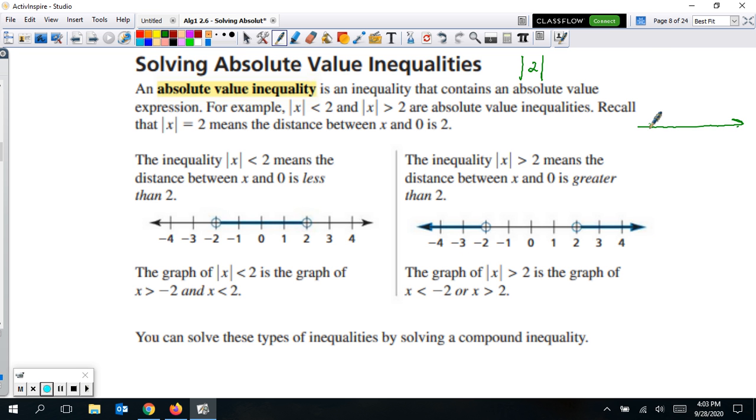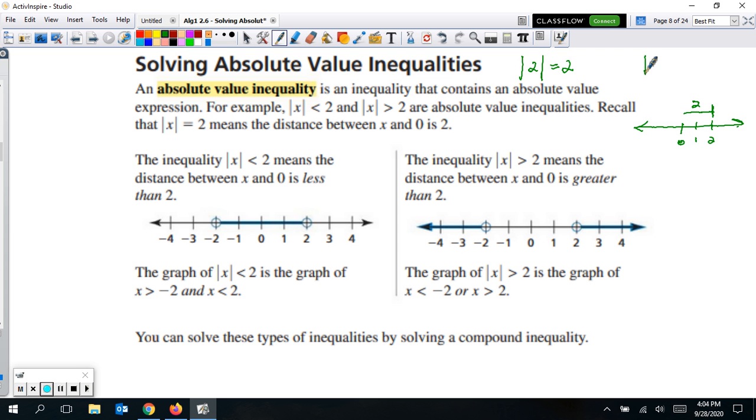If we had a number line with 0 here, 1 and 2, the absolute value of 2 is how far away you are from 0. You're 2 away. The distance is 2. So the absolute value of 2 is equal to 2.